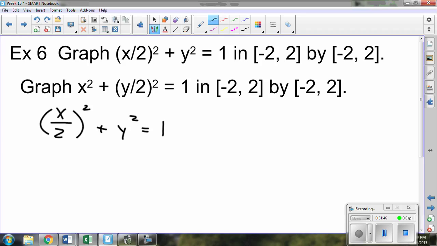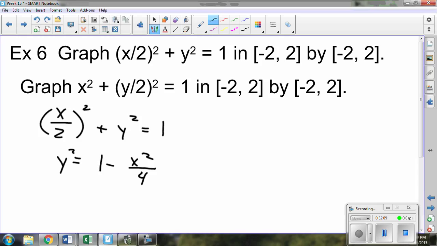Well, how are we going to get the y by itself? You see the algebraic simplification I made? I evaluated the exponent of 2.